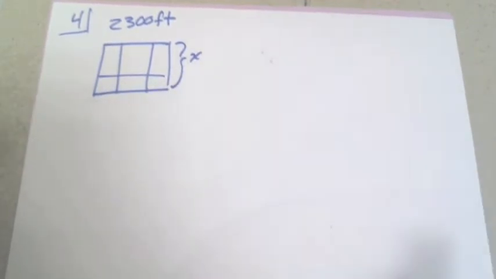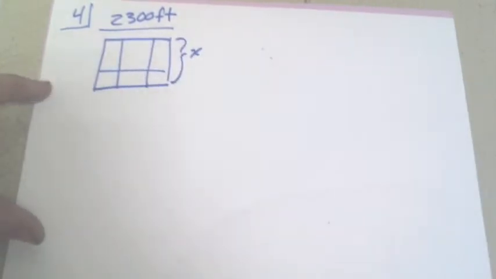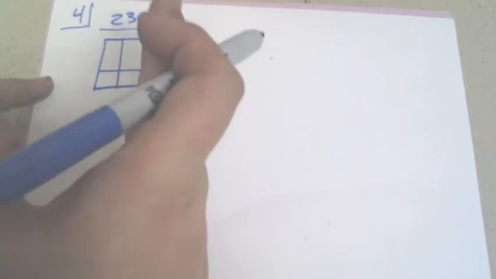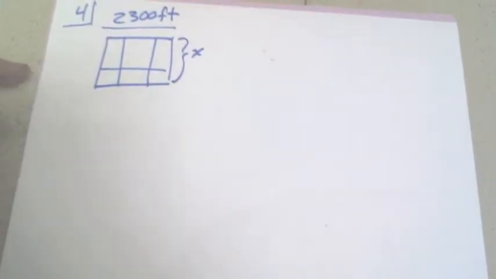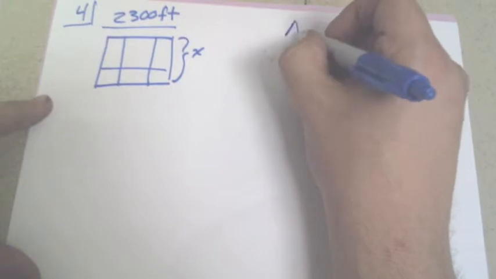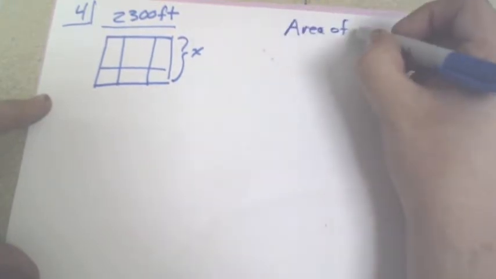Now, there's a couple different ways to set this up, but either way, this 2,300 feet has to come from a certain number of widths and a certain number of lengths. And we are eventually, in this problem, I believe, expressing the area. So our goal is to express the area of this playground.